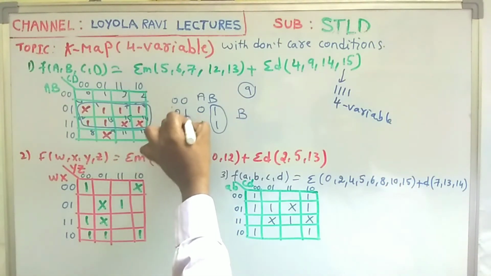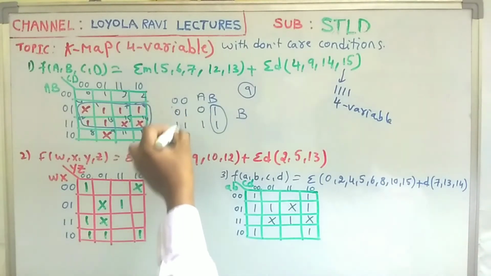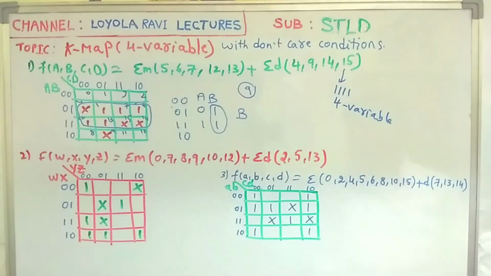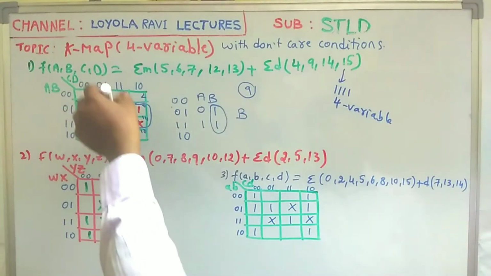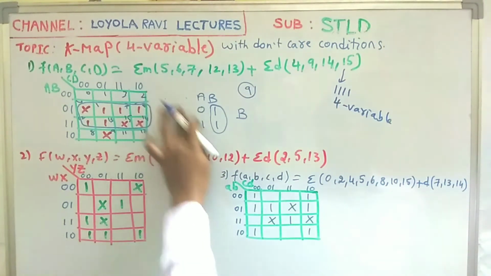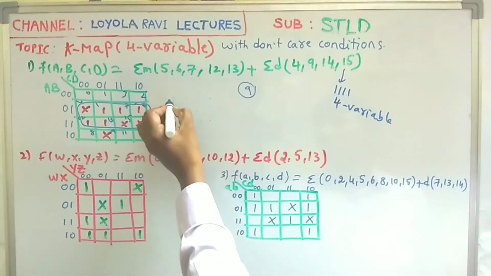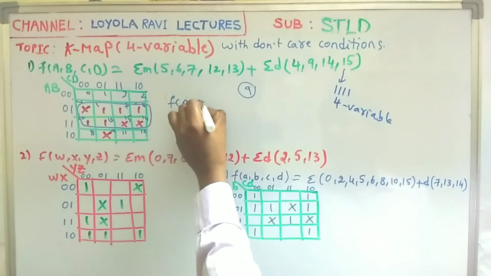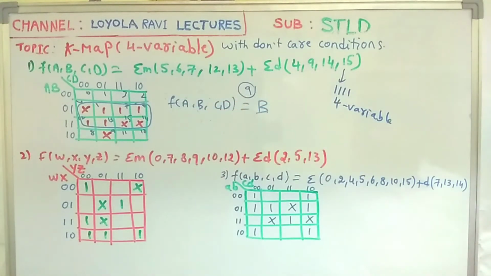Are there any common ones or common zeros in all 4 terms? No, so there is no common term. That's why directly you can take the octet as B. So f of AB CD is equal to B. That is the simplification.